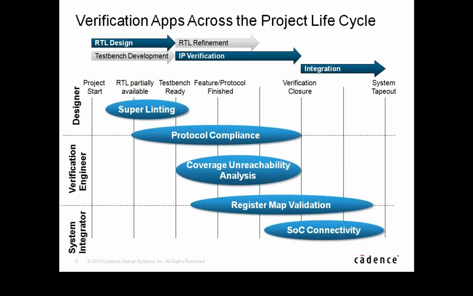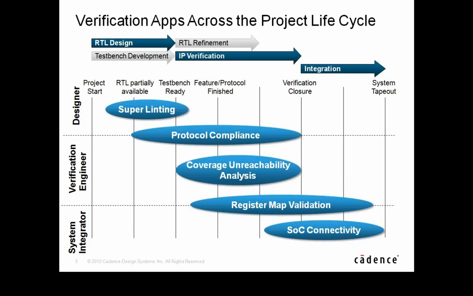Protocol compliance. This is if you're doing protocol verification, interface verification. So we have a bunch of ABVIPs for common protocols. They are actually optimized for Formal to run better in Formal. They're also supported in simulation and Palladium, but they're primarily optimized in Formal, not just for performance, but also we have some built-in debug capabilities, since there are ABVIPs, and our tool knows them, so it can do a better job of debugging them.